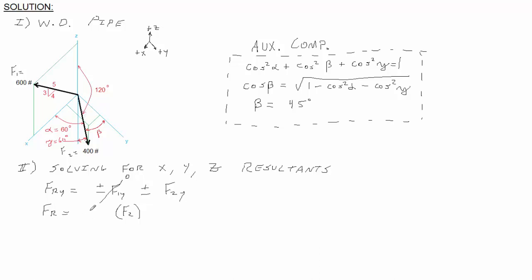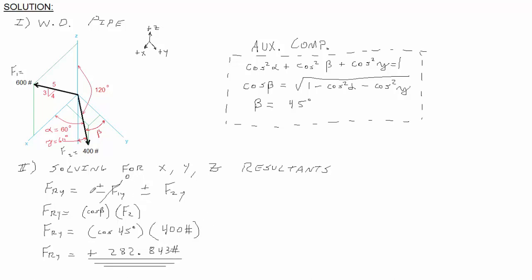So FRy can be found by the cosine of beta times F2. And our resultant y component is positive 282.843.